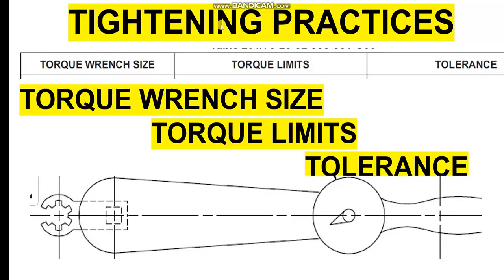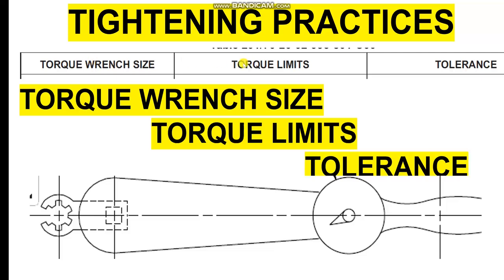Here, tightening. Tightening here means you need a determined torque limit. In each task which needs tightening, the task tells you the torque limit and torque range, size or part number or specification.